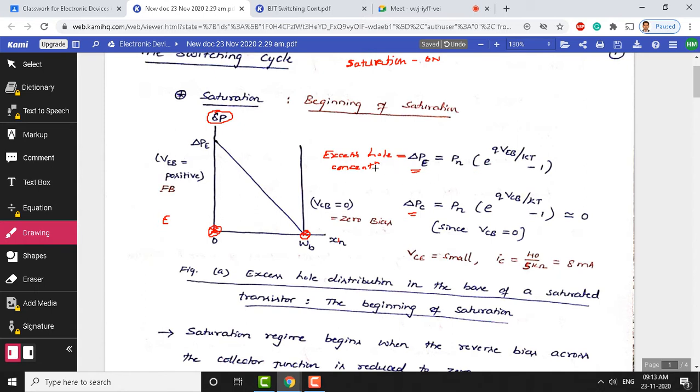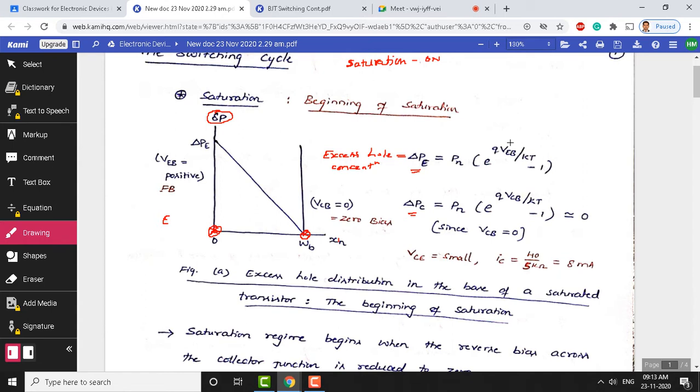Now, we have excess hole concentration. Let us apply this equation to these two edges of the depletion region. Delta P, the excess hole concentration at the edge of the emitter base junction, is given by Pn times e to the power of qVB by kT minus 1.